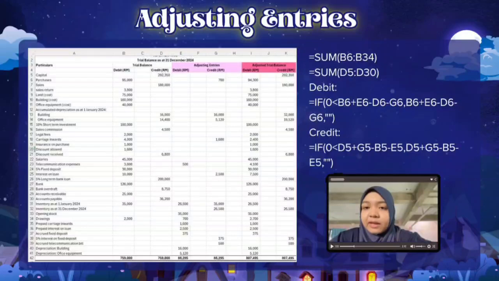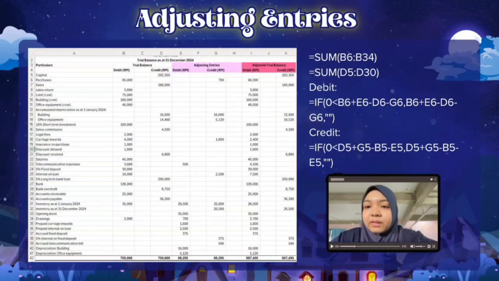using the formula IF. So for example here, for capital on credit side, we use the formula =IF(0<B6+E6-D6-G6, B6+E6-D6-G6, ""). Same goes for the purchases on debit side.